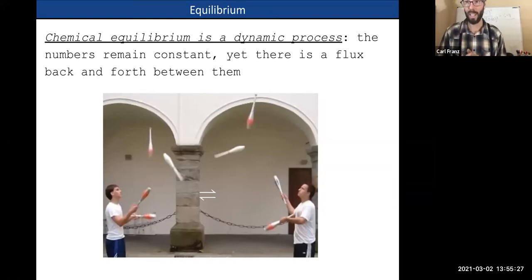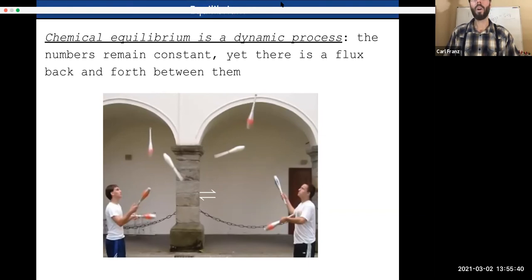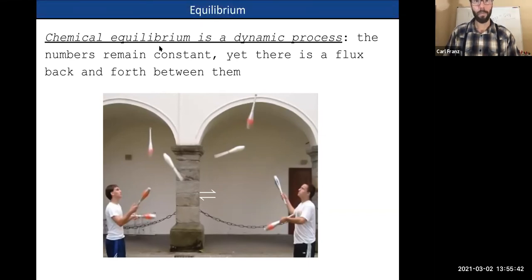So we could say that that's equal. We have equal product, equal reactant. But if K was significantly larger than 1, then there would be more of these pins over on this side. Remember, this is product, this is reactant. We would say that there'd be more pins on that side.